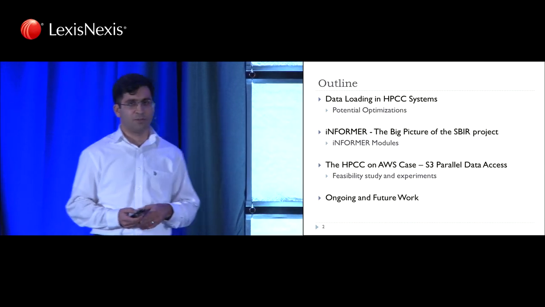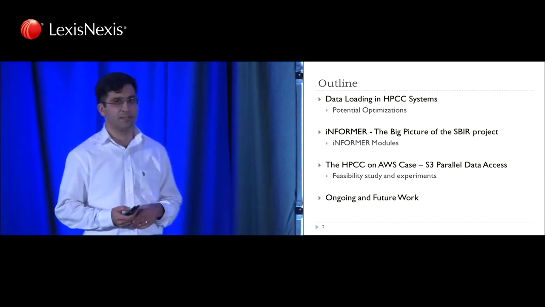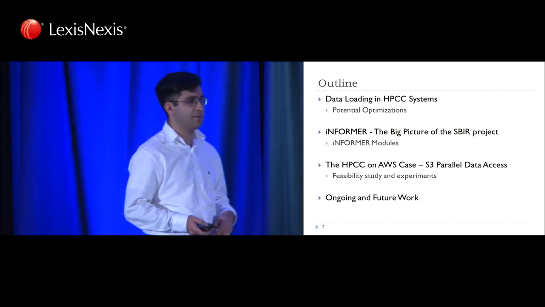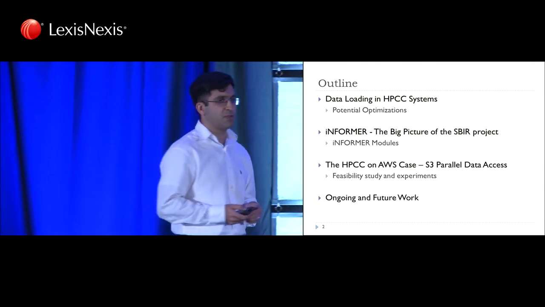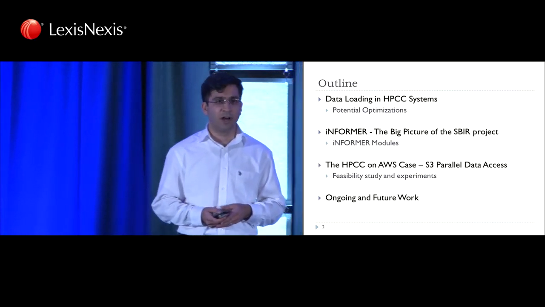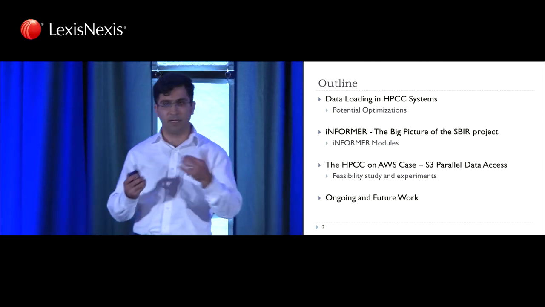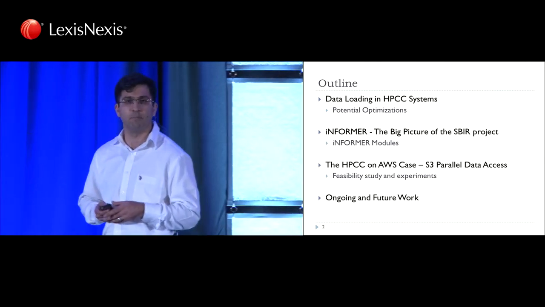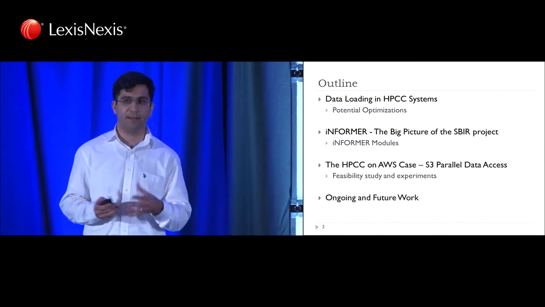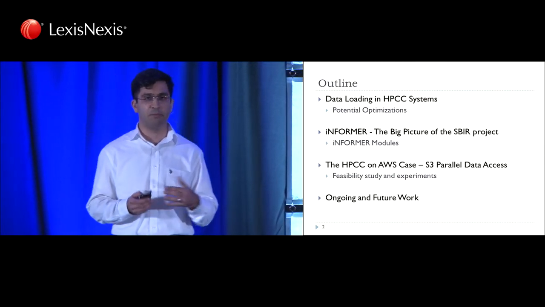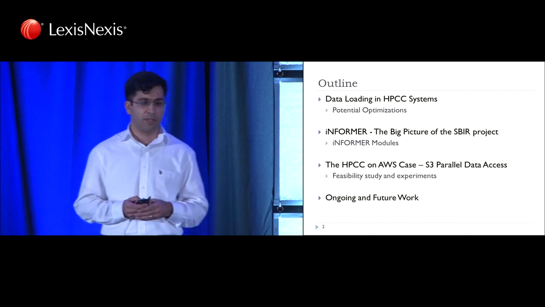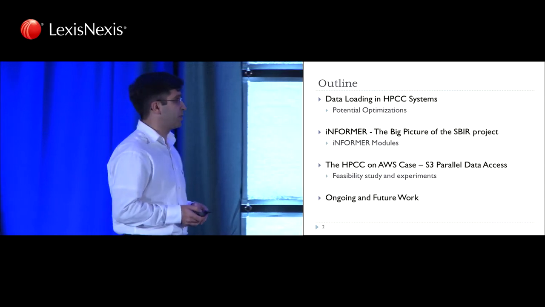So the outline of the presentation: quickly I'll talk about the data loading, how it happens, and then the potential optimizations that we are thinking of. The overall module that we are working on, and it can partially be applied for the data loading in Thor, is called Informer.